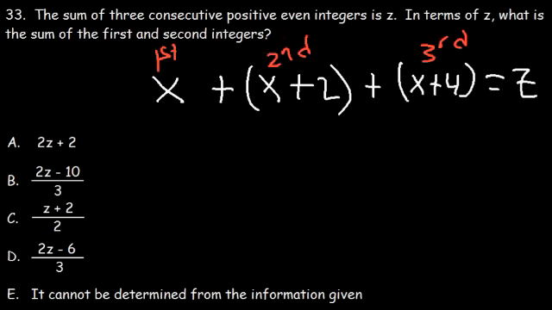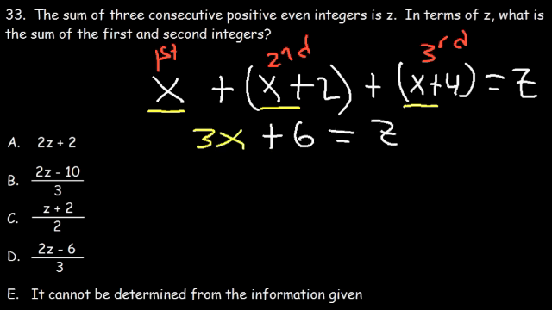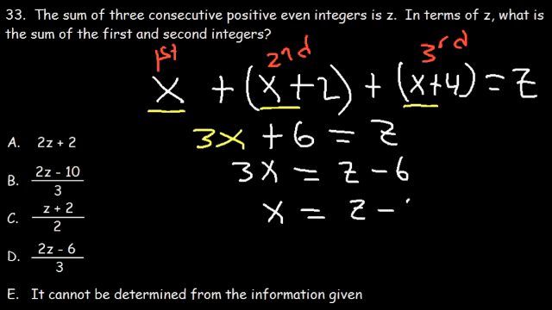We're going to solve for x in terms of z first. So x plus x plus x is 3x, and 2 plus 4 is 6. So 3x plus 6 is equal to z. And if we subtract both sides by 6, 3x is equal to z minus 6. And if we divide everything by 3, x is equal to z minus 6 over 3.